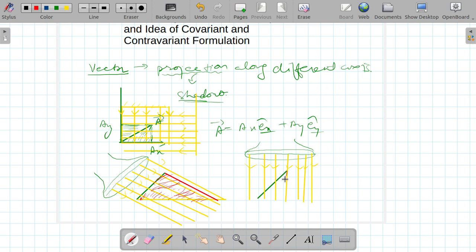This is the shadow, this is the projection. So this is equivalent to a non-orthogonal coordinate system, and this corresponds to the orthogonal system.